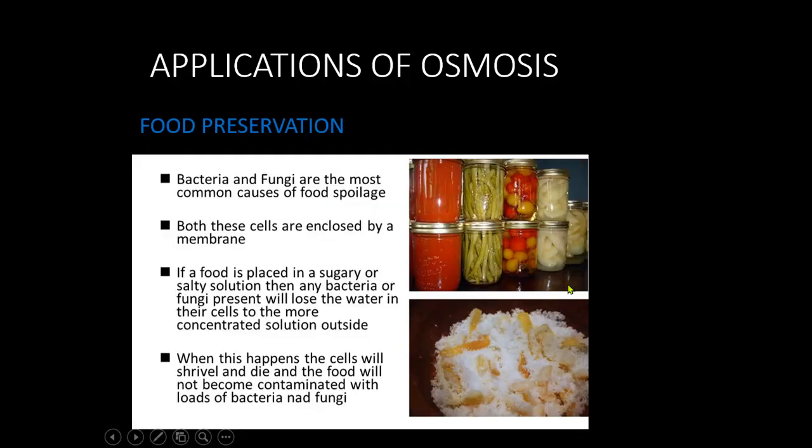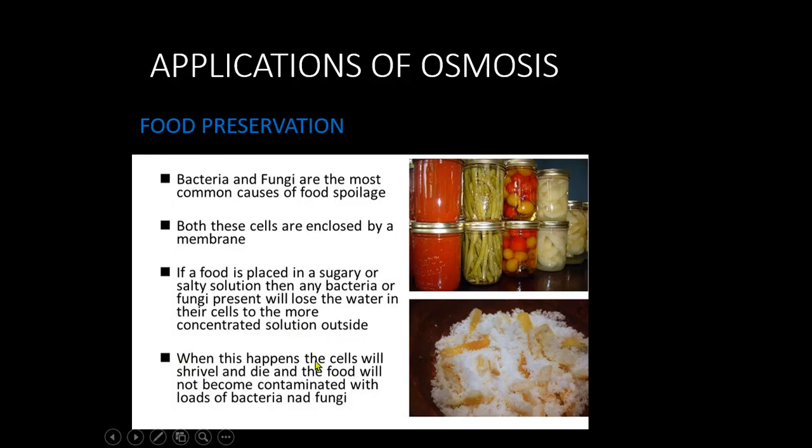Another application is food preservation. So, bacteria and fungi are the most common causes of food spoilage. Both these cells are enclosed by a membrane. So this is the semi-permeable membrane. If a food is placed in a sugary or salty solution, then any bacteria or fungi present will lose the water in their cells to the more concentrated solution outside.